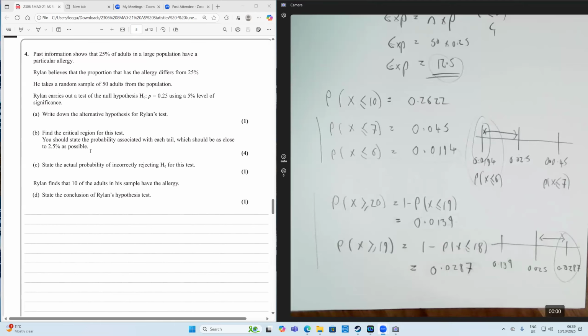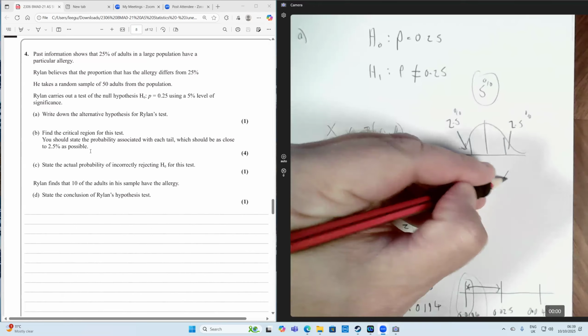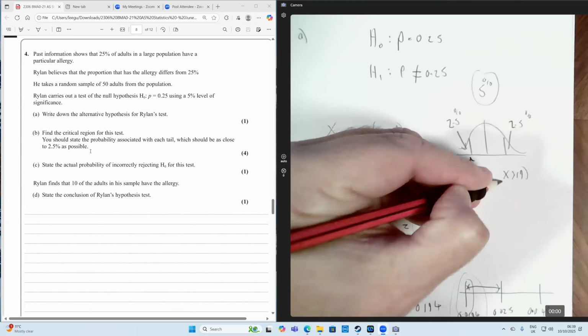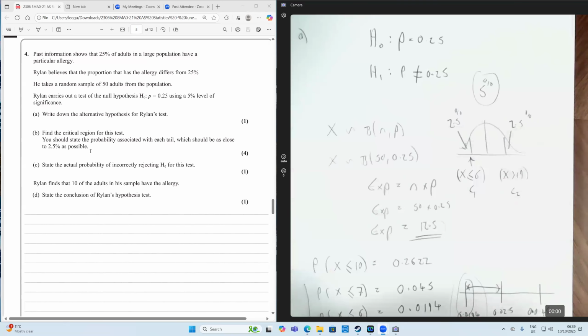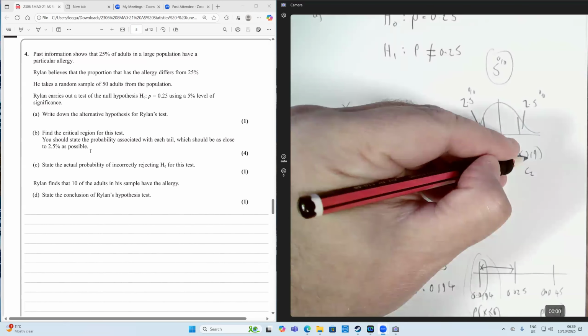However, because it does, we compare both of them, and even though this value is bigger than the 2.5, it's still closer to the 2.5, so we're going to say that that's where the critical region starts. So over here at the other end of the distribution, the critical region 2 is where x is greater than or equal to 19.